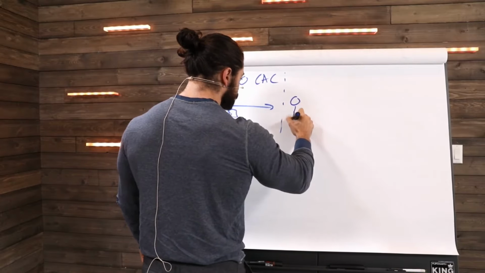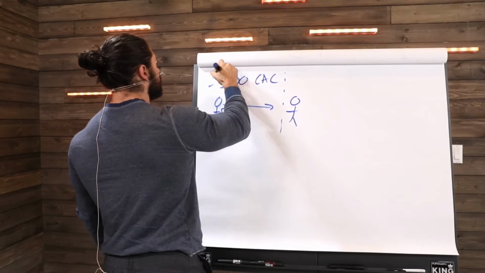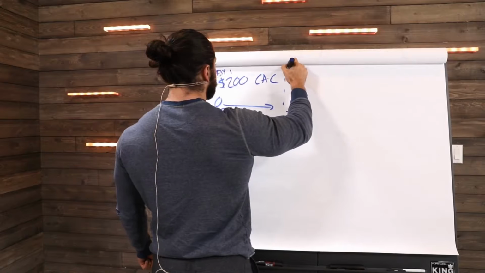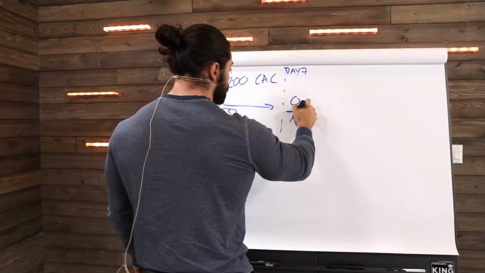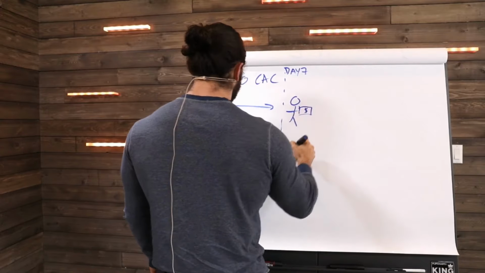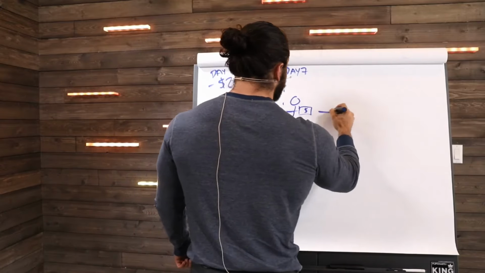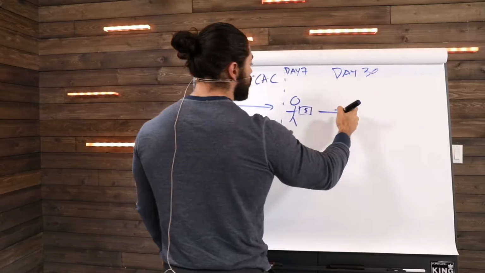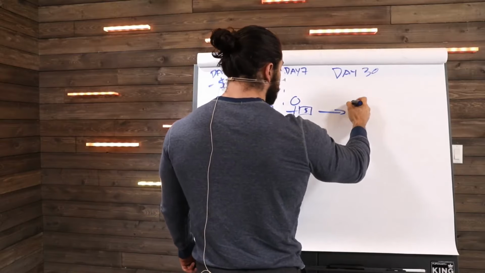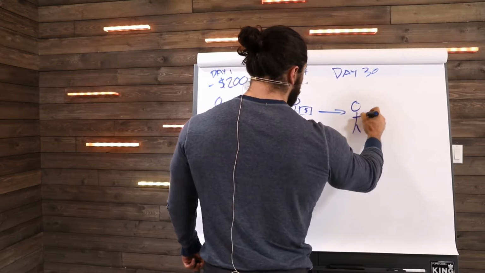Now, this could be day 1, and this could be day 7, whatever, because it depends how long it takes them to give me money. And so maybe the first time they give me money, they only give me $50. I'm still negative. But by day 30, let's say I have another upsell or 2, and at this point, now I've made $200 on this customer.